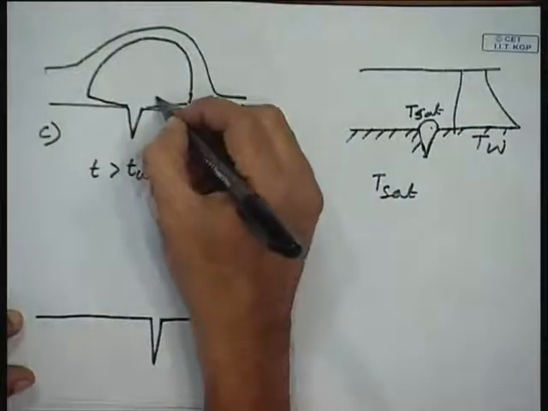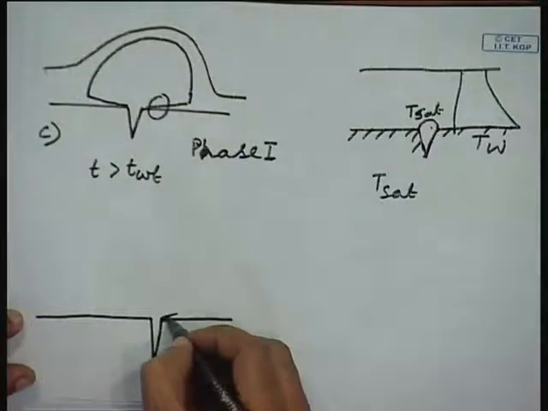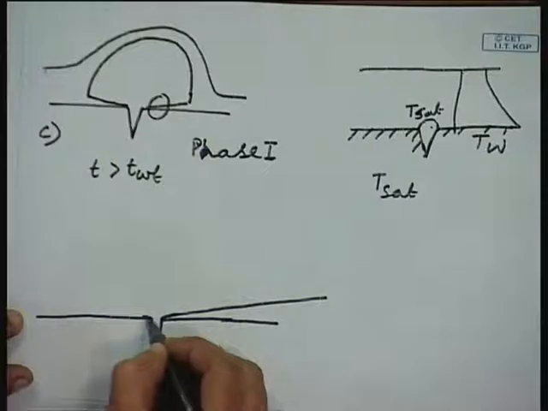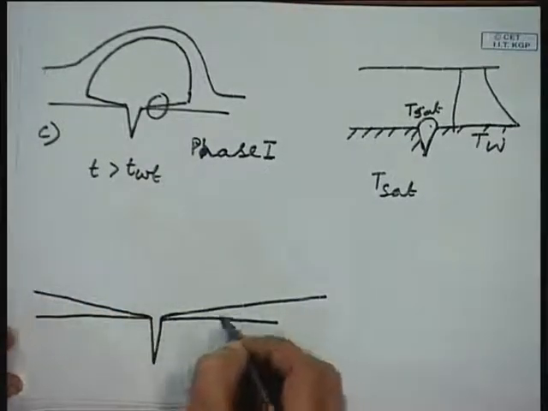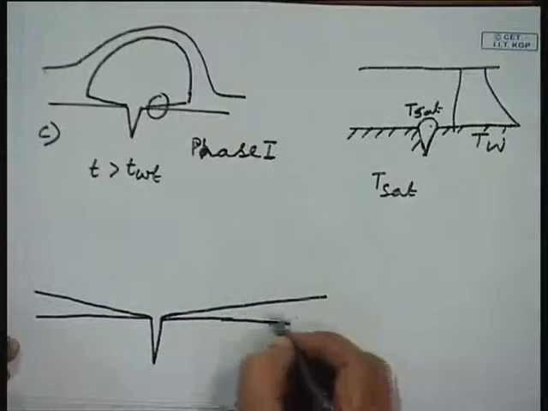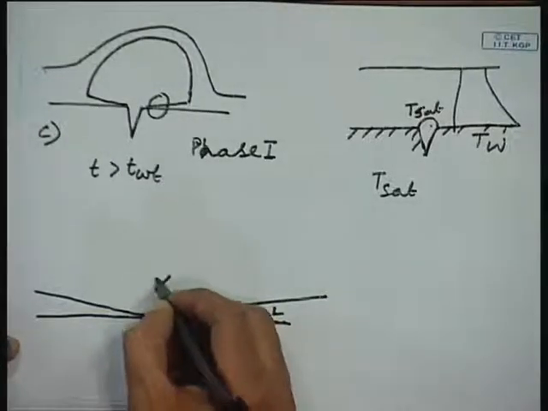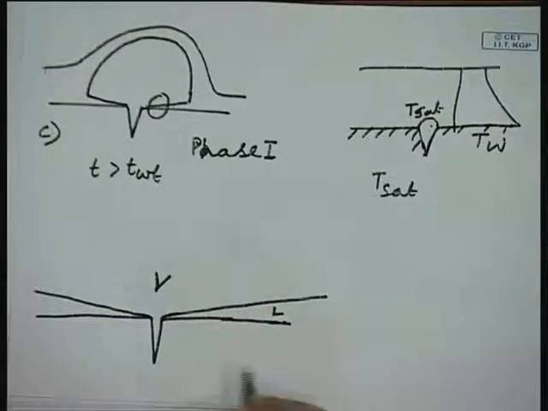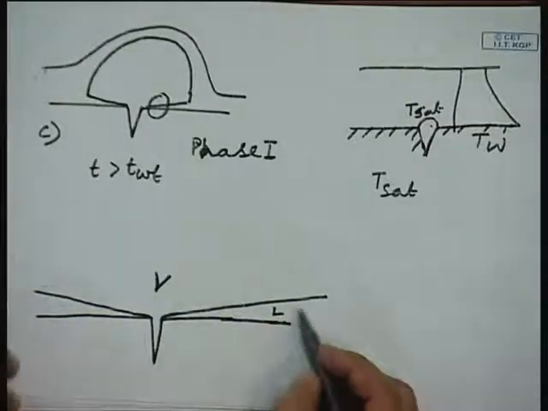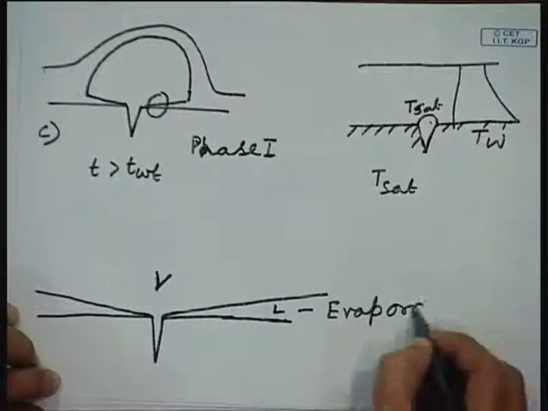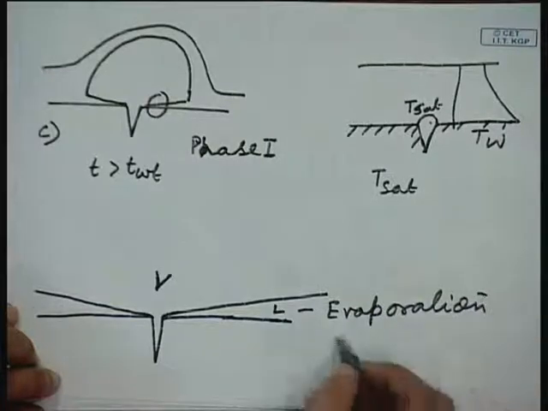If I draw it in an exaggerated manner, you will get some sort of liquid over here, and this is your vapor. So, basically you can imagine that you are getting some sort of wedge-like shape, and this is called the evaporation microlayer.